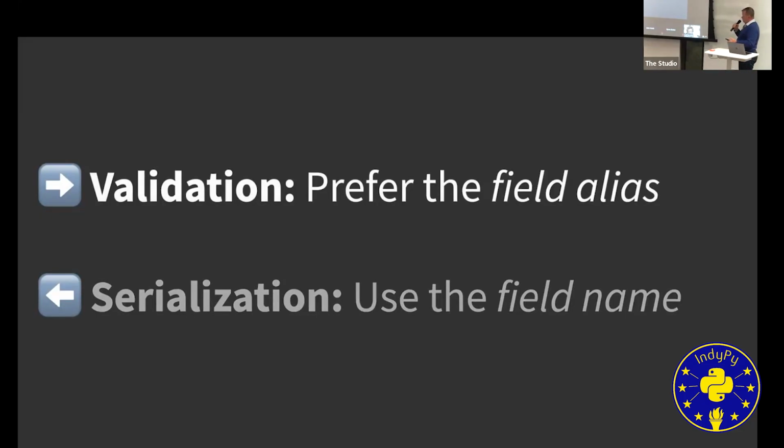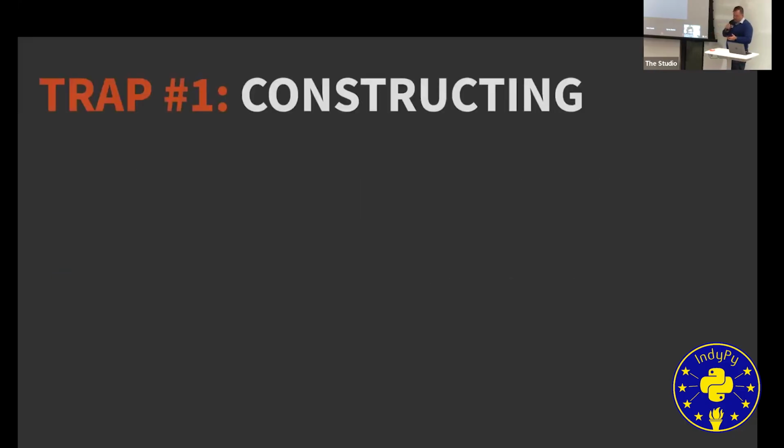So the first trap happens when validating, where Pydantic's default is to use the field alias. And that trap is constructing. Remember when we talked about how we could load data into a model with keyword arguments in the constructor?